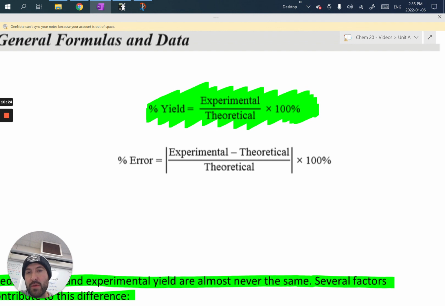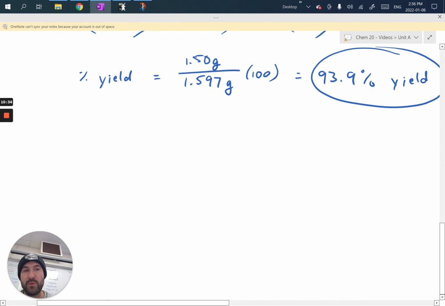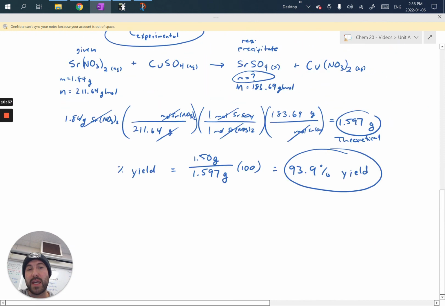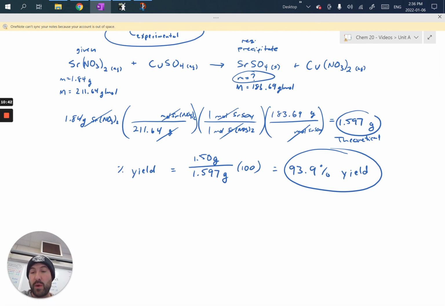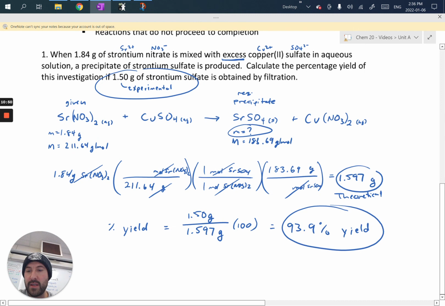To do that, we would take the experimental value, subtract the theoretical, divide that by the theoretical times 100. What we could do is just take 100%, subtract 93.9, and we would get a percent error of 6.1% here. So that's how far off we were from our theoretical value. Okay, so there is percent yield.